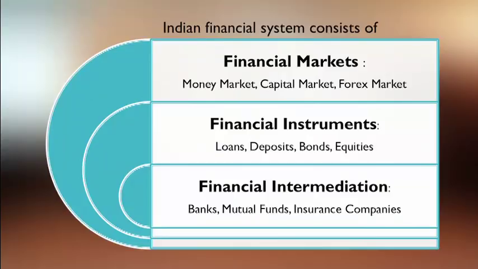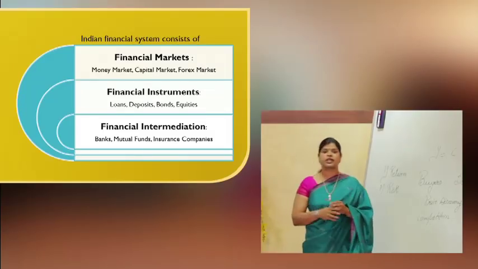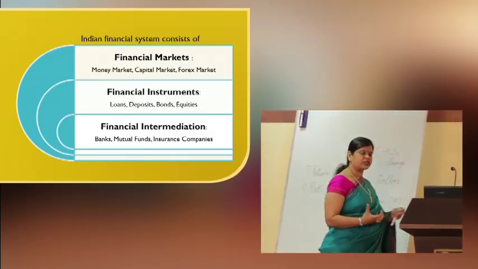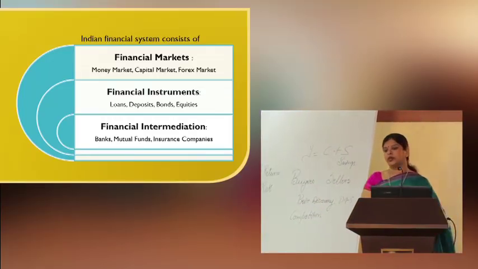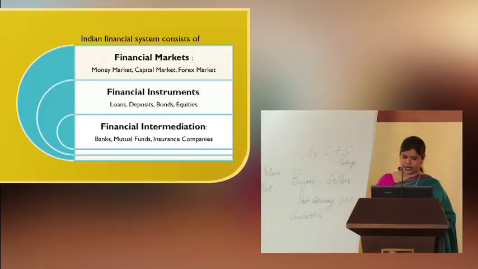Financial intermediation. The third category which the Indian financial system consists of is financial intermediation. Now, the intermediaries that participate in the Indian financial system are the banks, the mutual funds, and the insurance companies. These are the intermediaries who help in channelizing the funds from the savers to the seekers, right.